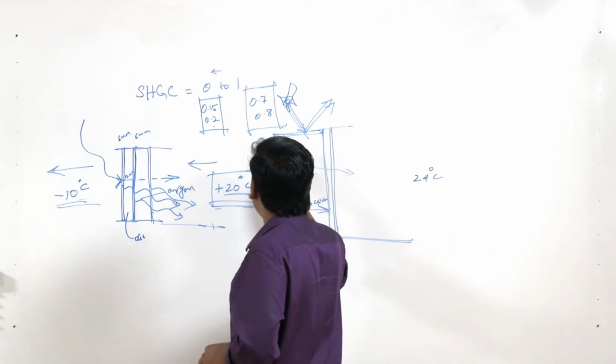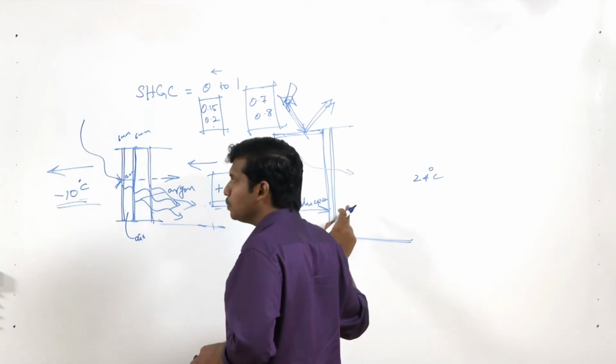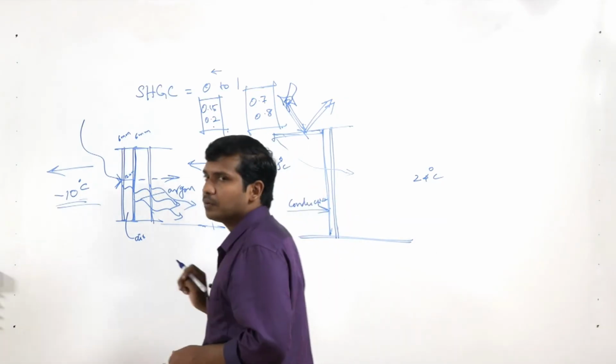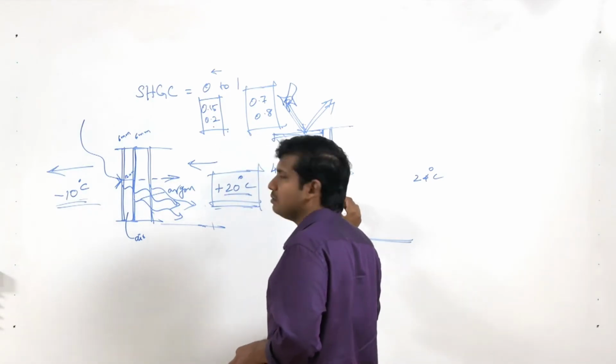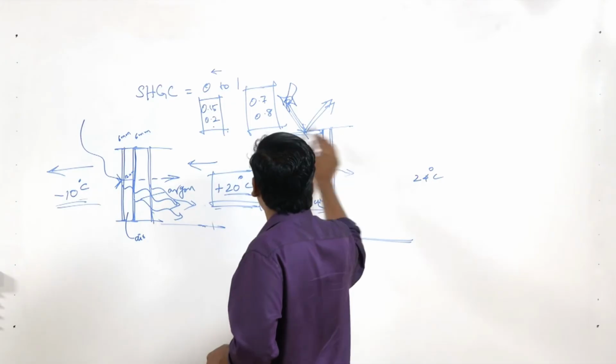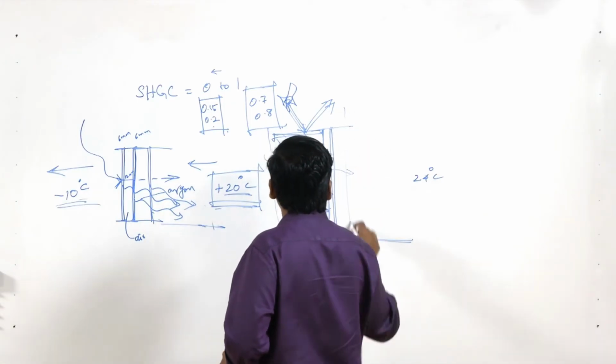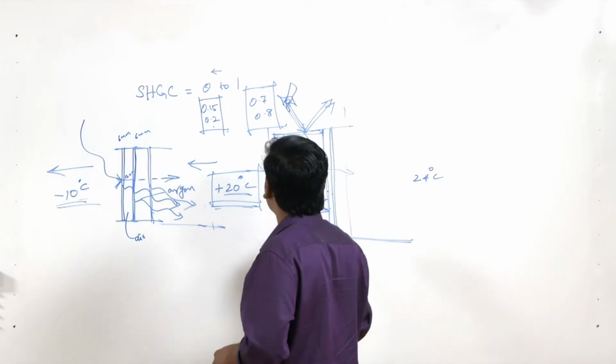This is an indirect way of controlling the solar heat gain through the window. So in this case we do not look at the SHGC of just the glass or the window alone, but we look at something called a composite SHGC, where the glazing and shading together are accounted for.